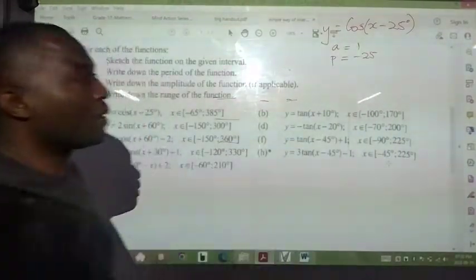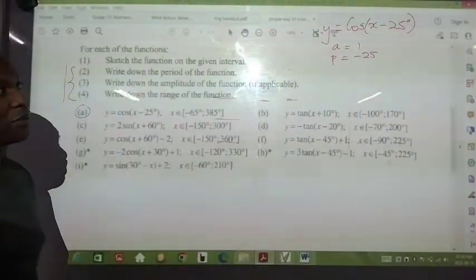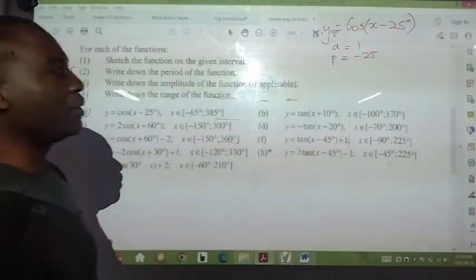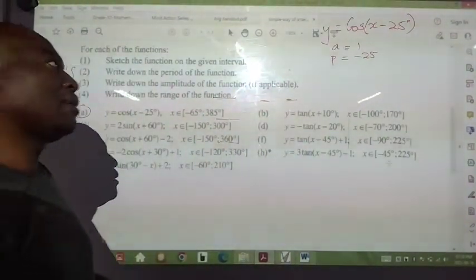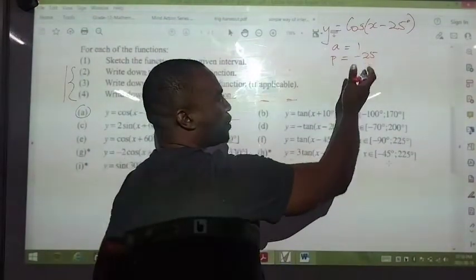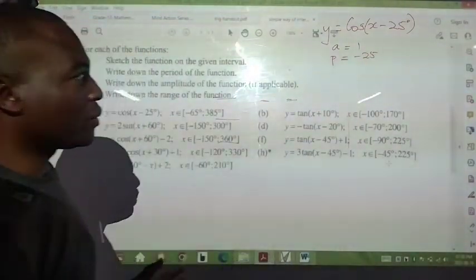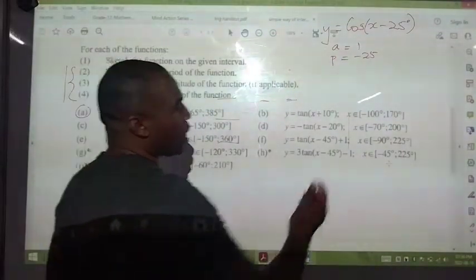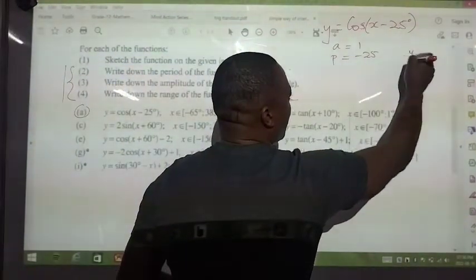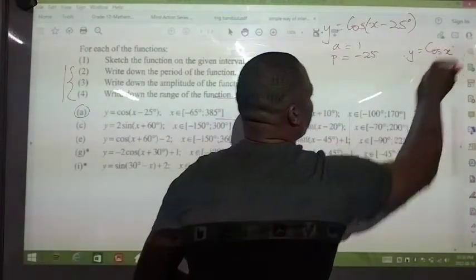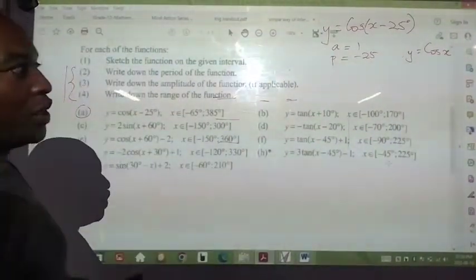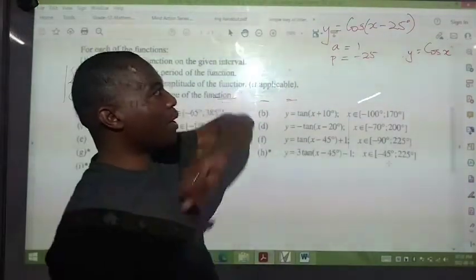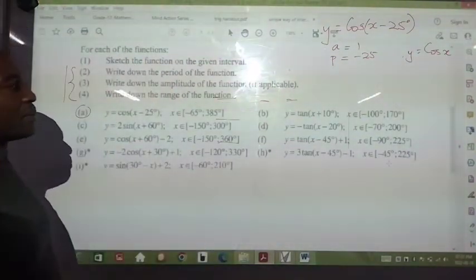These are the only 2 parameters that we have. So that means our A is giving us the amplitude, which is 1. Our P is telling us to shift the graph horizontally to the right, 25 degrees. The graph of what? The graph of y is equal to cos x. That's the one that will shift 25 degrees to the right to get the graph of cos(x minus 25).